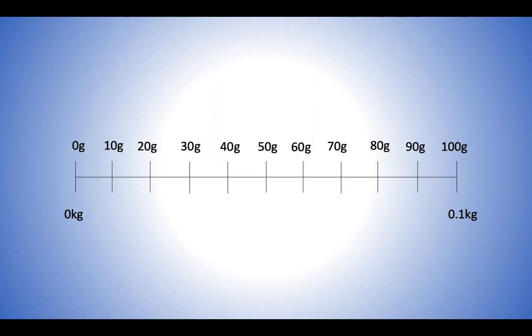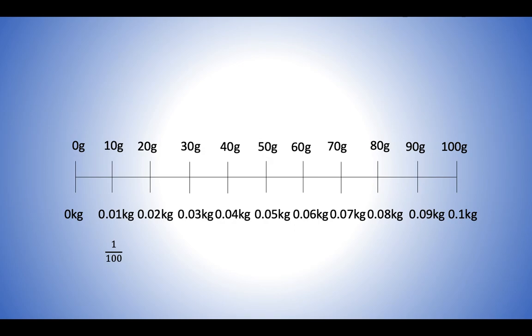Now, if we zoom in to look from 0 grams to 100 grams, so 0 kilograms to 0.1 kilograms, along we go 10 grams, 20 grams, 30 grams, going up by 10. So 10 grams is 0.01 kilograms, which is 1/100 of a kilogram, and we go all the way along.